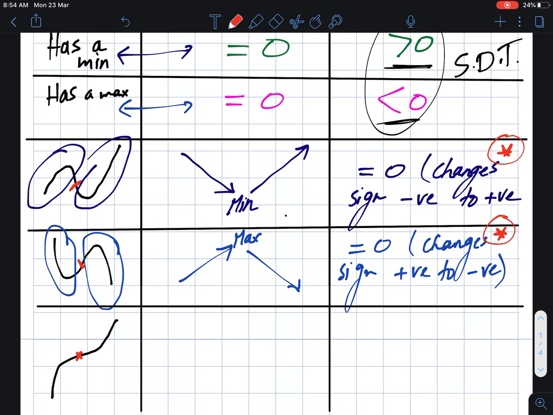As you notice, this point of inflection, if I draw a tangent, its slope is going to be zero. And since it's a point of inflection, then the second derivative is also going to be zero. It happens with functions like x cubed, x to the power 5, x to the power 7.